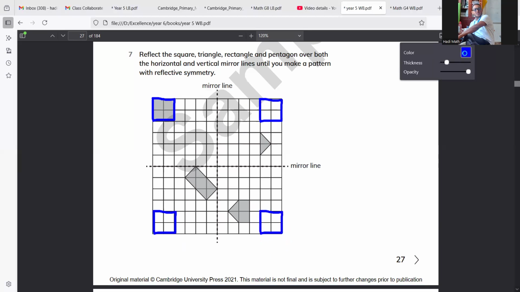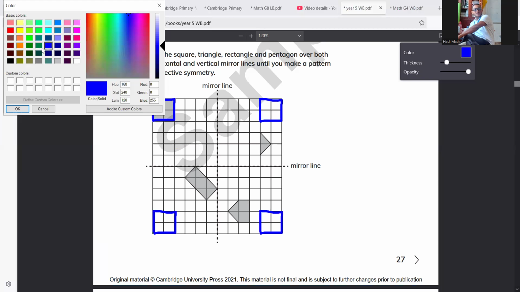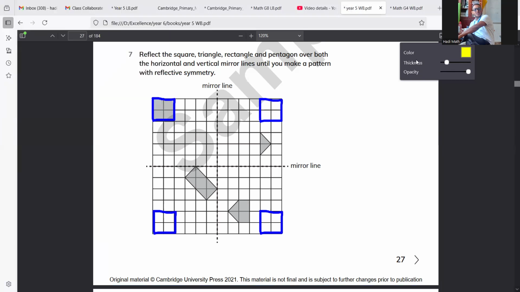Let's see something else. After the square, we have the triangle. Let's see the triangle. Now you will feel it's reflected. Why? Because it has a base and a height.